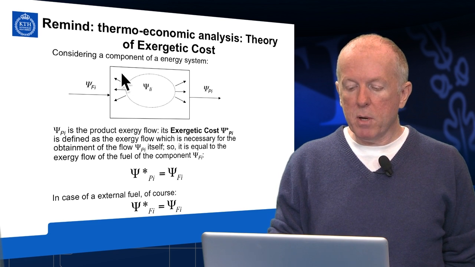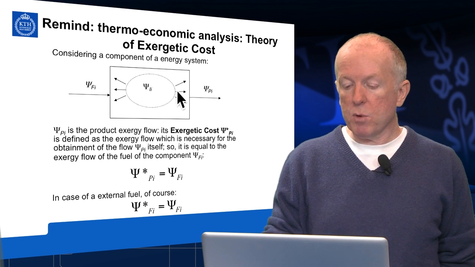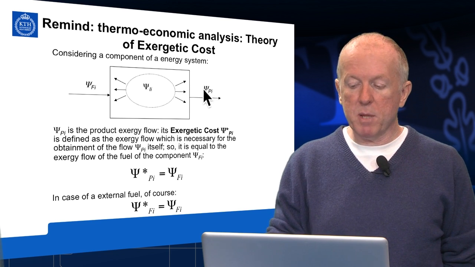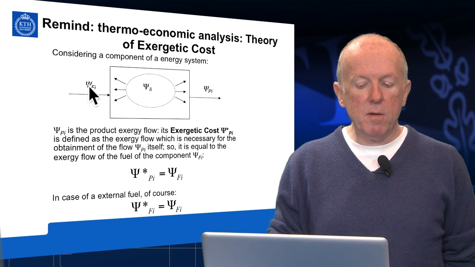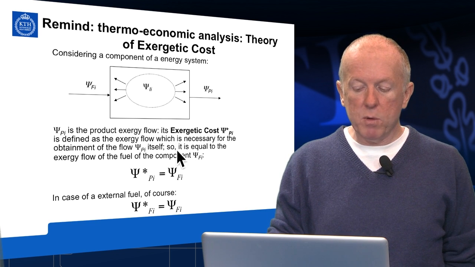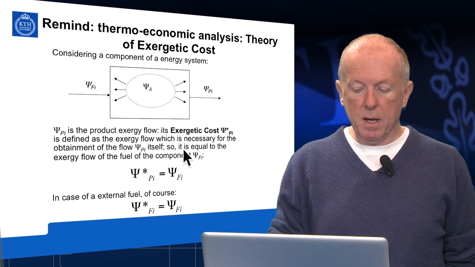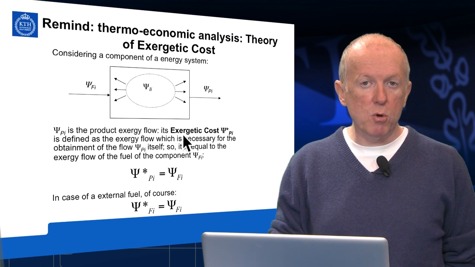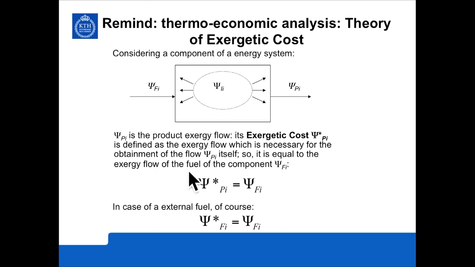So in this simple example, the exergy which is necessary to spend in order to obtain a product Psi P at the outlet of this component is, of course, the exergy flow of the fuel Psi F.